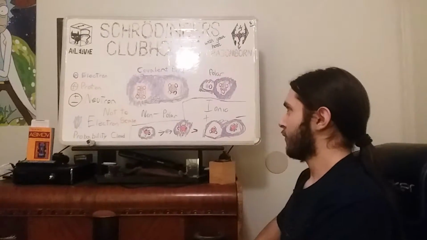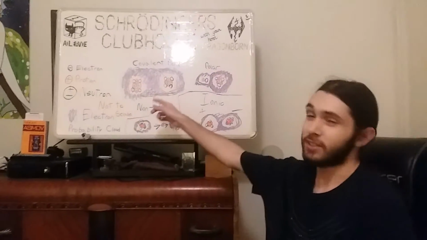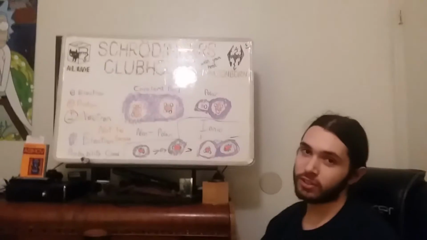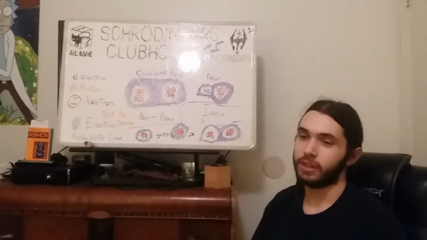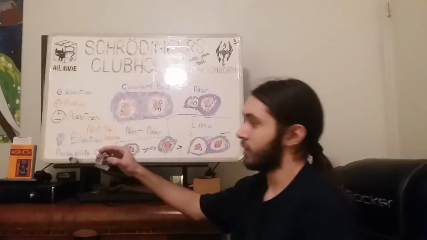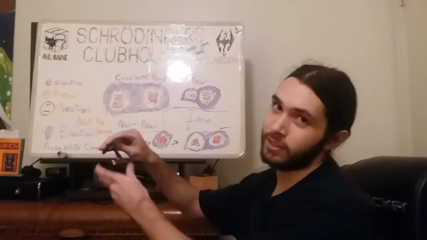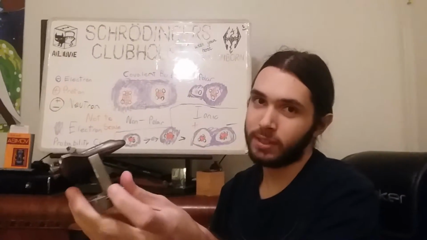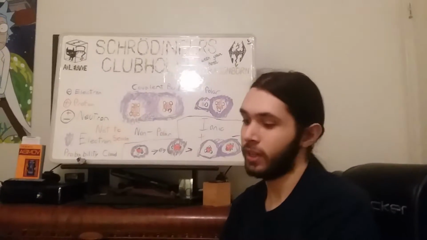First up is the covalent bond. In this, the electrons are shared between each atom. This is the type of bond you would get between pieces of metal. All the pieces of metal in this would be bonded together via covalent bonds.